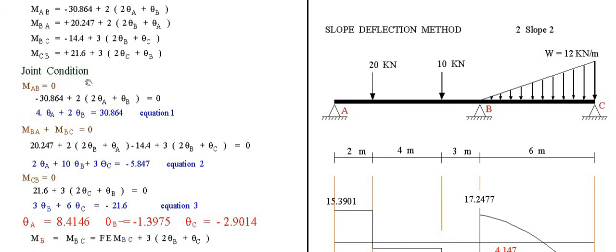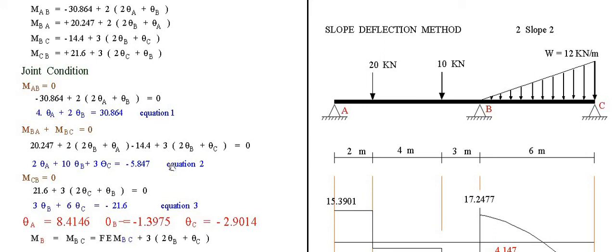Equate this to 0. 21.6 plus 3 times 2 theta C plus theta B equals 0. Then simplifying in alphabetical order, B first: 3 theta B plus 6 theta C. Positive here, transfer to the right, minus 21.6. And this is equation 3.